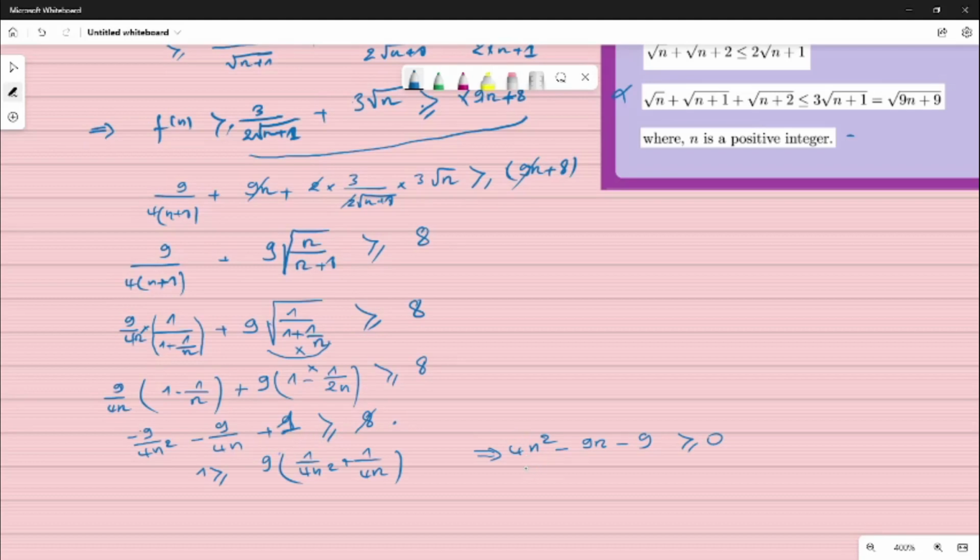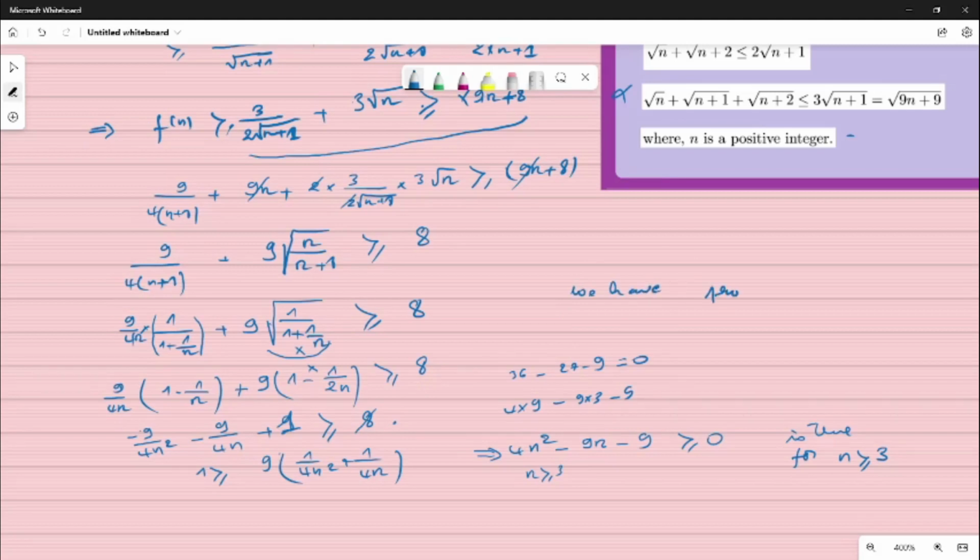If we take n greater or equal to 3, we will find that this quantity is true for n greater than 3, because let's verify: 4 multiplied by 9, minus 9 multiplied by 3 minus 9, 36 minus 27 minus 9 equals 0.